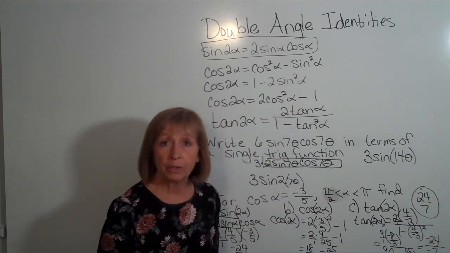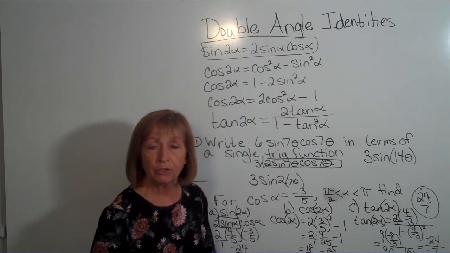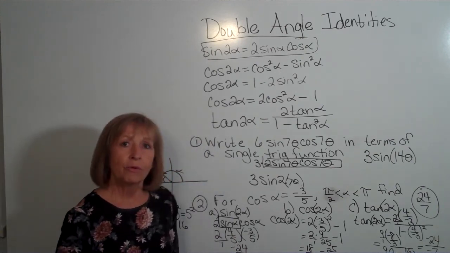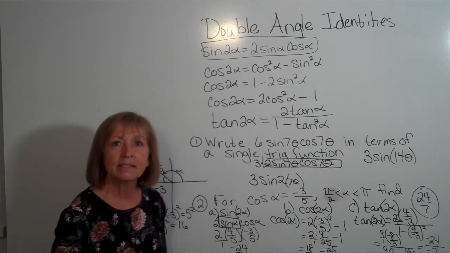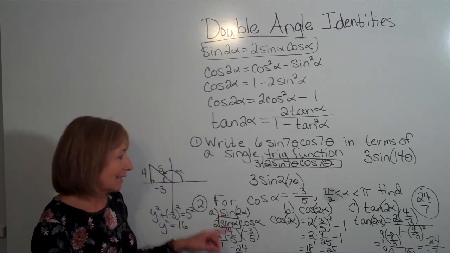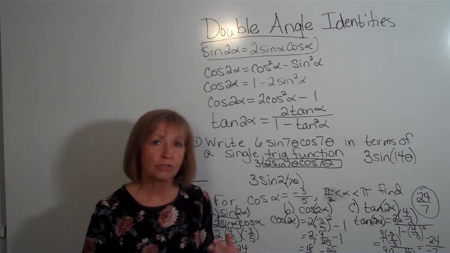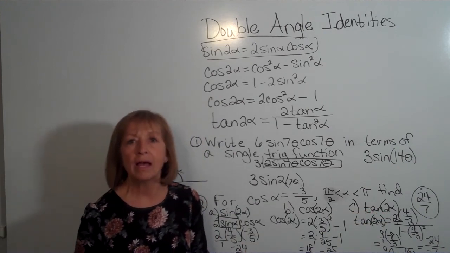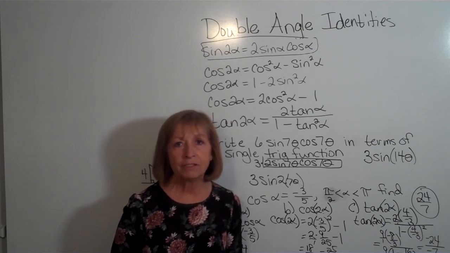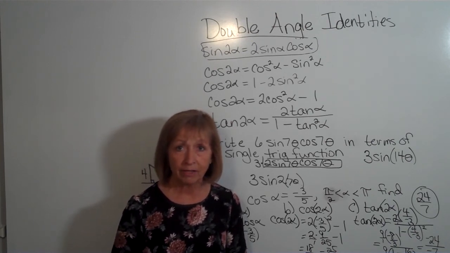Now I want you also to recall that you can always double check with what you know from the 8 fundamental trig identities. Remember that the tangent of an angle is the sine of the angle over the cosine of the angle? Well, that's true for the expressions too. So the tangent of 2 alpha is going to be equal to the sine of 2 alpha divided by the cosine of 2 alpha.